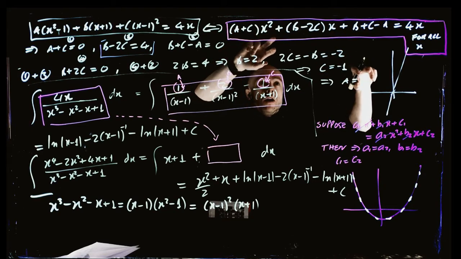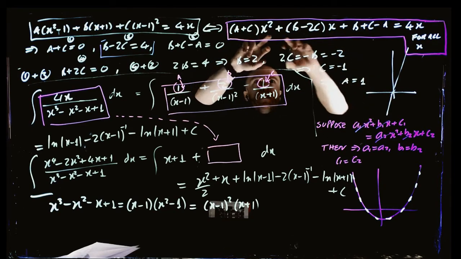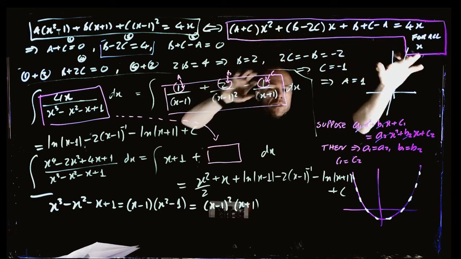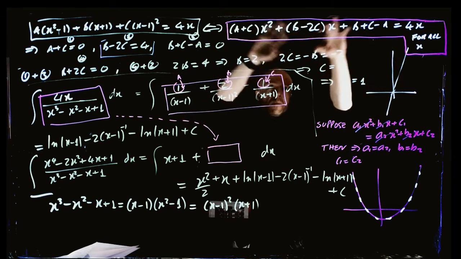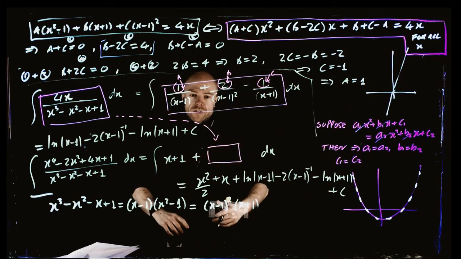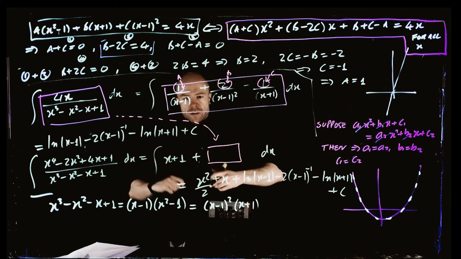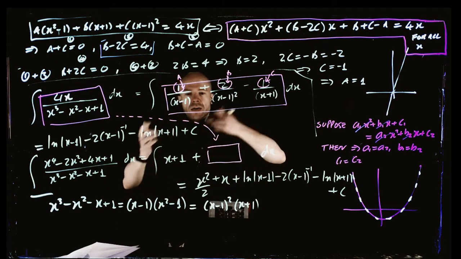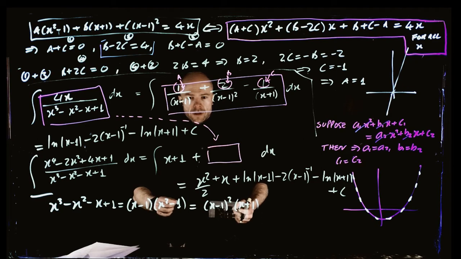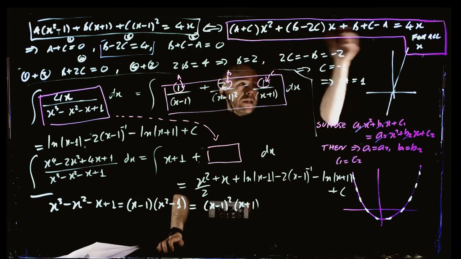The degree here is 2, so the quadratic terms agree, the linear terms and the constant terms agree. Yeah? So a polynomial equation like this contains a number of equations. If the highest degree is whatever n, then it contains n plus 1 equations. Okay? So in this case 2, it contains 3 equations.